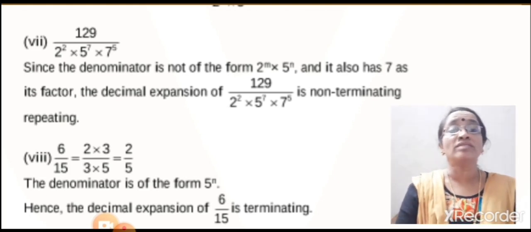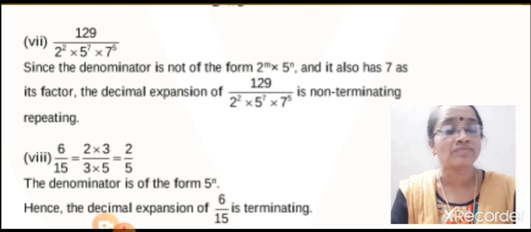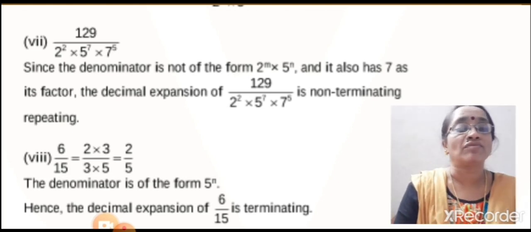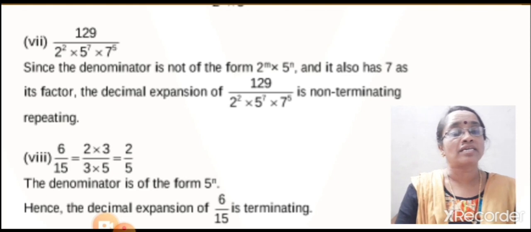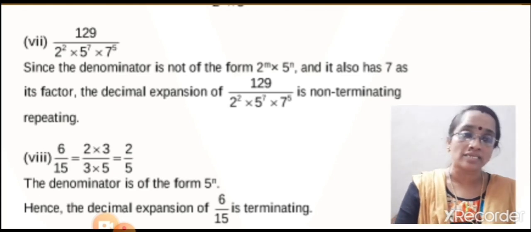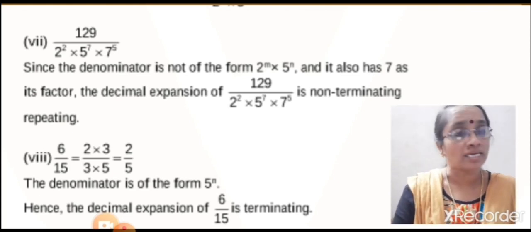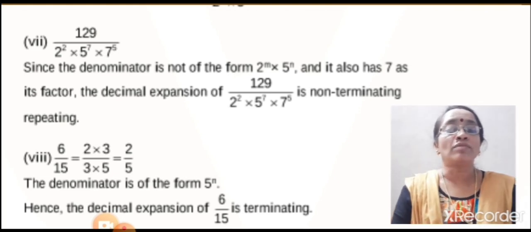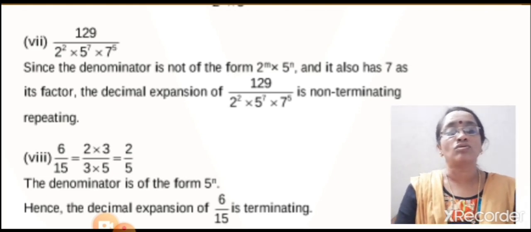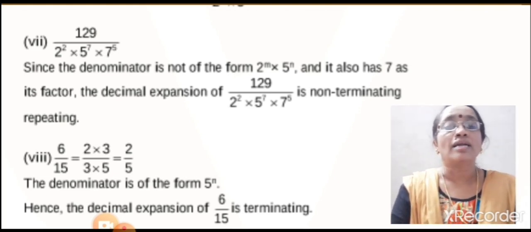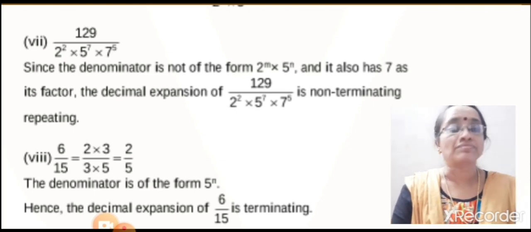When doing these types of questions, you have to find whether there is any common factor between the numerator and the denominator. If there is, cancel it. After that only, check the denominator. The denominator is of the form 5 raised to n, so the decimal expansion of this number is terminating.